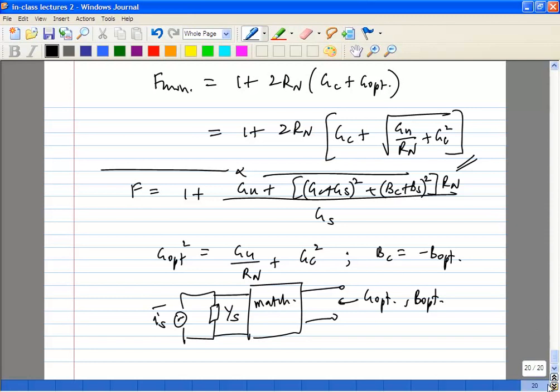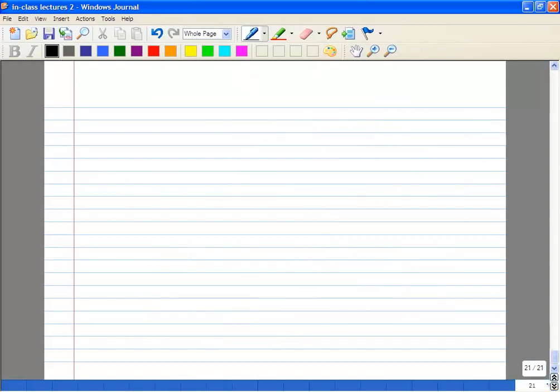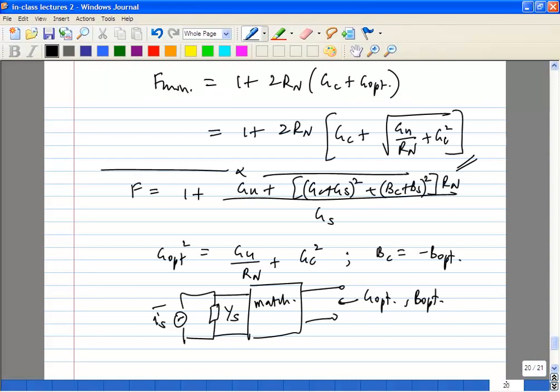Okay. So we know Gu, right? So we know Gu in terms of G opt. Okay. So let's put that in there first.